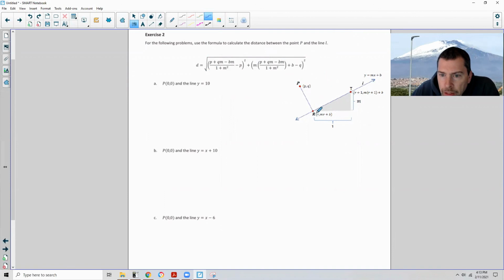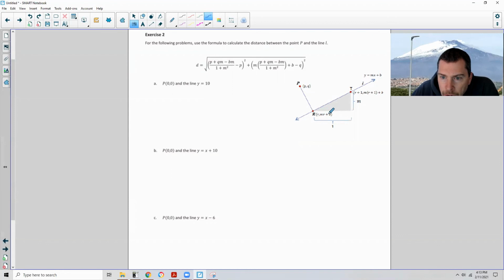So here's the point R, that is the point where PR is perpendicular to the line L, and that R is the point, this is our X value, R, comma, Y.